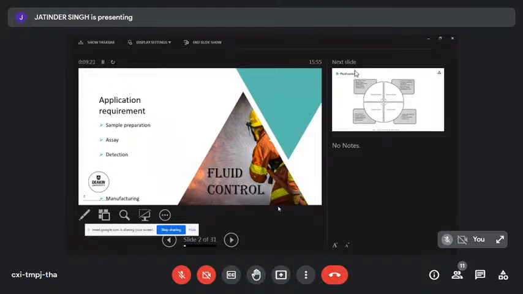Then I'll be going through some information on how the Landers group have developed a microfluidic device for forensic testing to get the short tandem repeats ready in forensics.